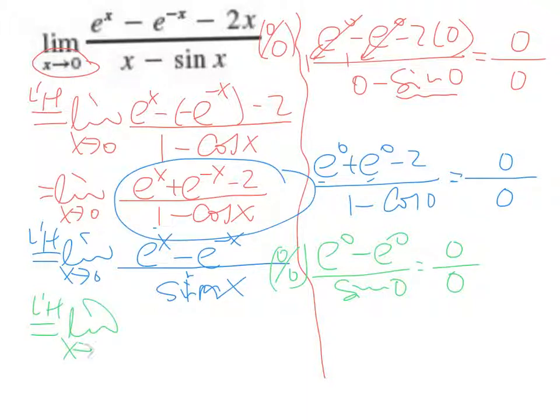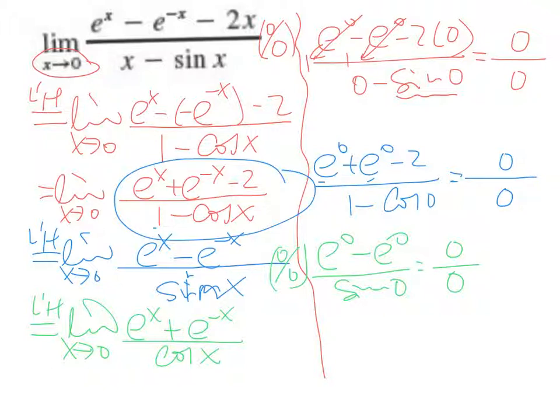L'Hopital's rule states, let's take the derivative up top. The derivative of e to the negative x, remember the chain rule, is negative e to the negative x, minus negative becomes plus e to the negative x, over cosine of x. So what about this function? Is this still an indeterminate form?